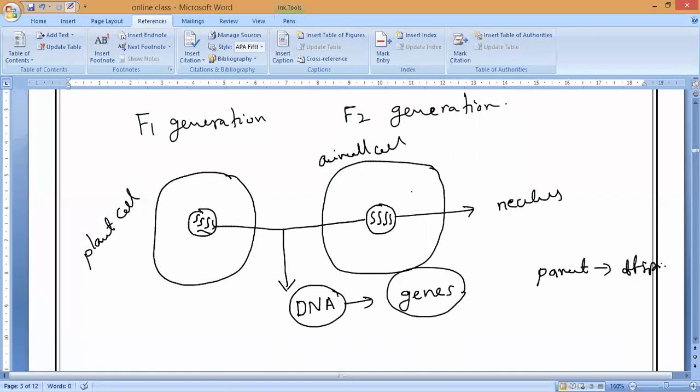So what do you mean by chromosomes? Chromosomes are thread-like structures found in the nucleus of a cell, formed of DNA, which carries the genes. That is what you have to remember.